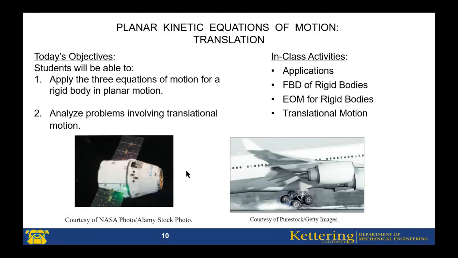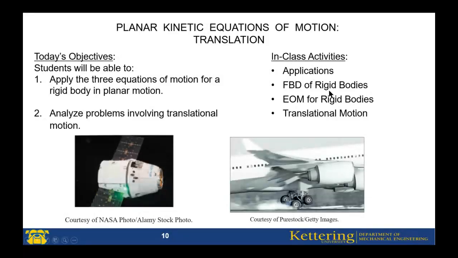As you can see here, we want to apply the equation of motion. We have three equations of motion along x, y, z for a rigid body. For the first part, we will focus on translational motion, such as a car moving along x, y, and z, or for example this landing gear, or this airplane that is about to land.